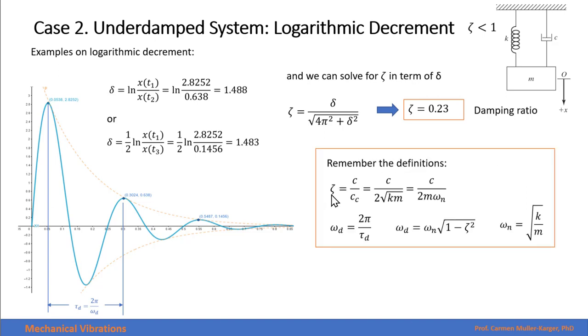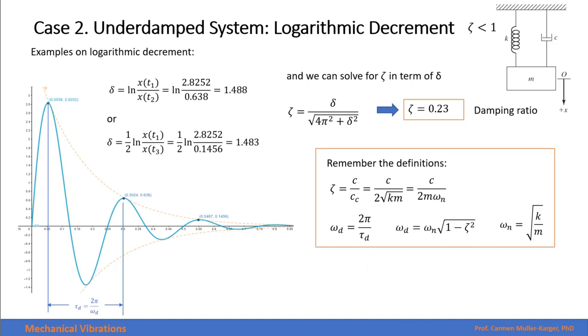Remember the definitions of zeta, which is the damper coefficient divided by the critical damping, and the critical damping is 2 square root of k m, or 2 m omega n, and also the damped frequency, which is 2 pi over the period, which is this one right here, right? And the damped frequency is also omega n square root of 1 minus zeta squared.